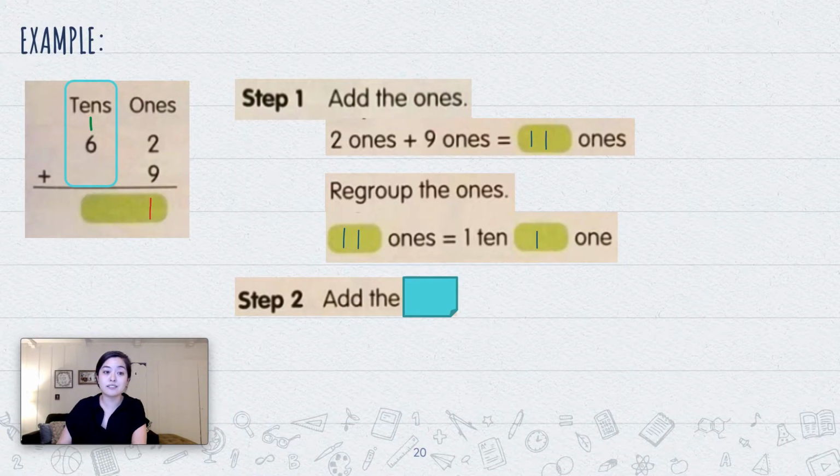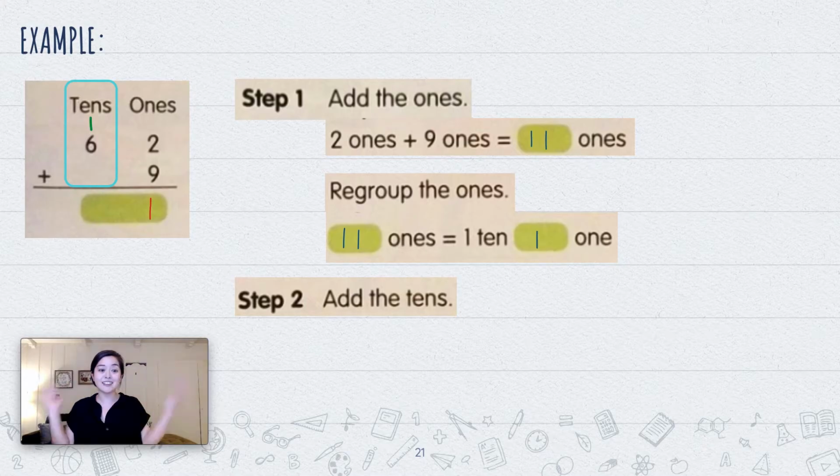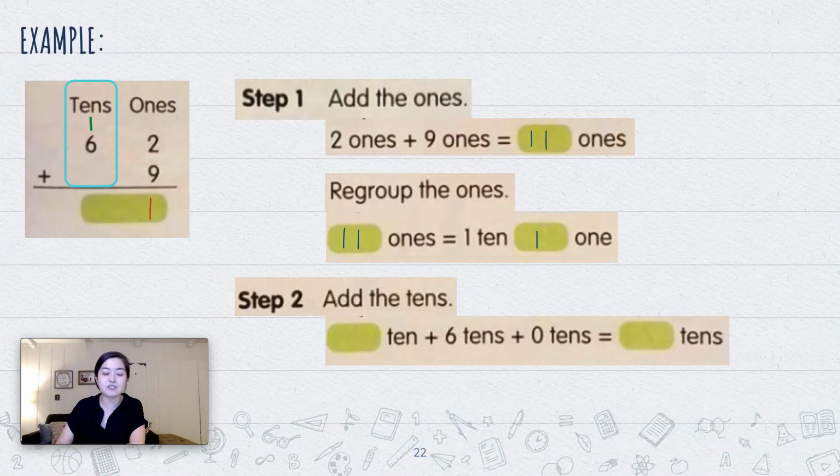Now, what's the next step? So we already finished adding the ones, and then we regroup the ones. Step 2 is to add the tens. All right, so let's see, how many tens are there? Well, I have 1 ten here, right? And then I have 6 tens here. Here I have 0 tens because there's nothing there, so that's 0 tens.